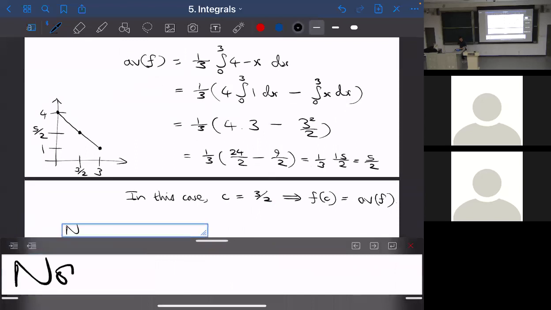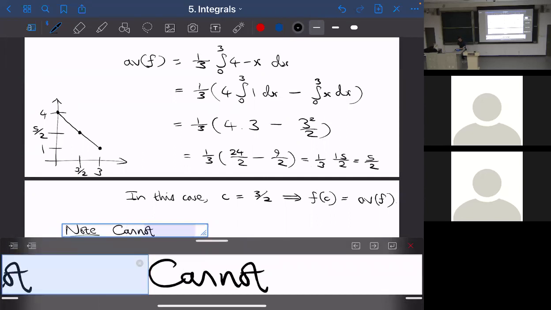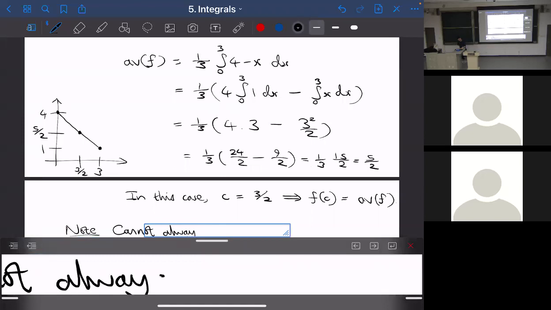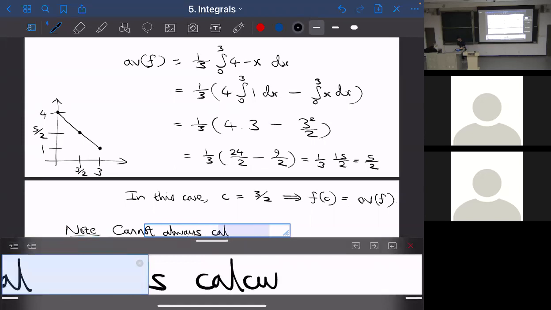Okay, so that's a simple example, but as before with the intermediate value theorem, we cannot always calculate c explicitly.